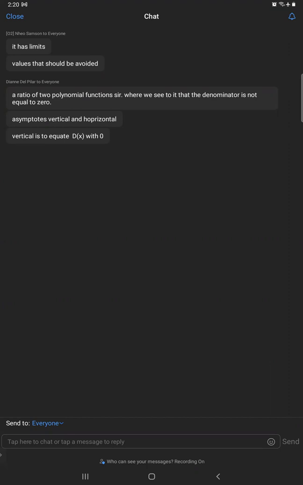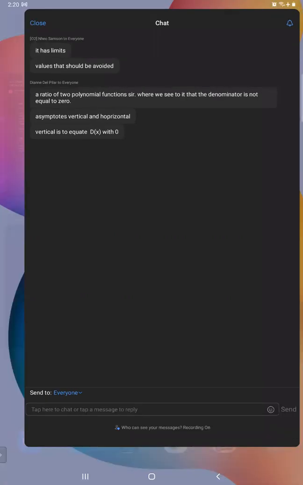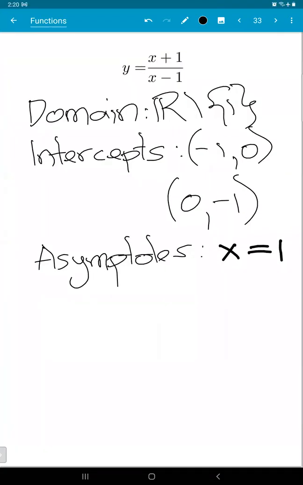Yes? We have to compare the degrees of the numerator and the denominator. Yes, very good. You have to compare the degrees. And there are 3 possible scenarios, right? Whether the degree of the numerator is less than, equal to, or greater than the denominator's.